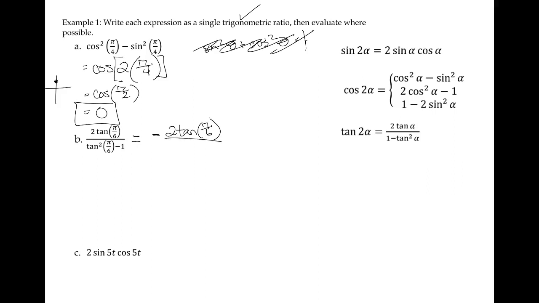But I do need to change my denominator. So again, I've written that negative out in front. You could have also written it in the denominator. Maybe that will help make things more clear. So then if I take a negative out of there, I'm left with 1 minus tan, or if I want to write it in the same order it shows up here, I've got negative tan squared pi over 6 plus 1.